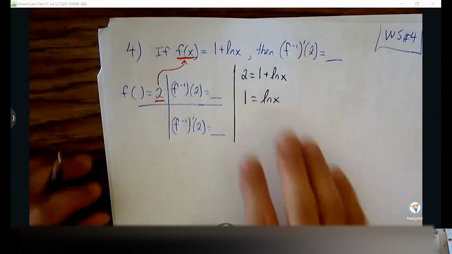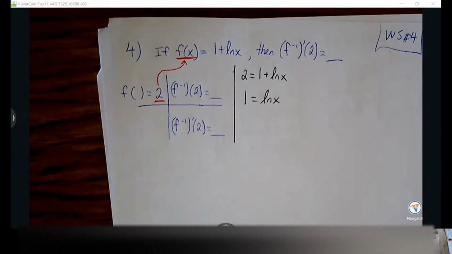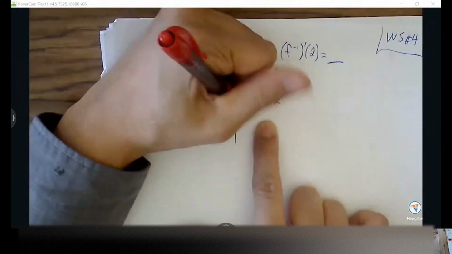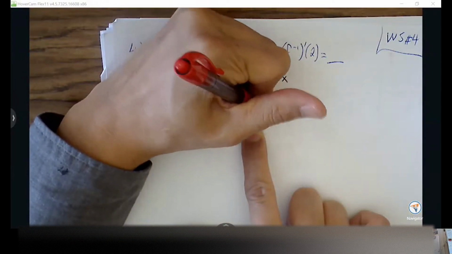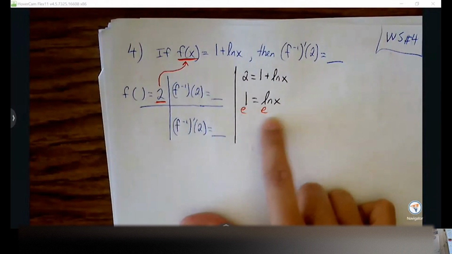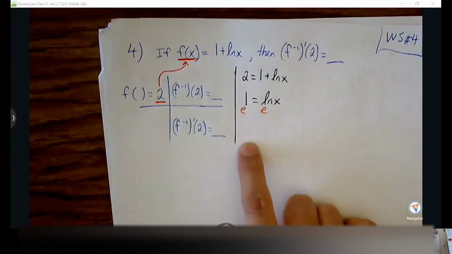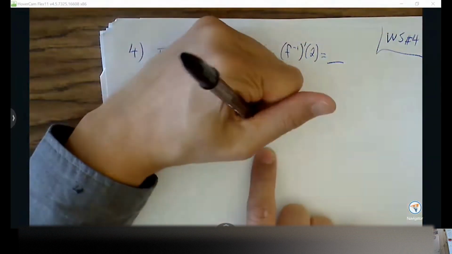Natural log of what is equal to 1? We could raise both sides with e as the base. We know this will go away to just be x. E to the first power is just e. x equals e.